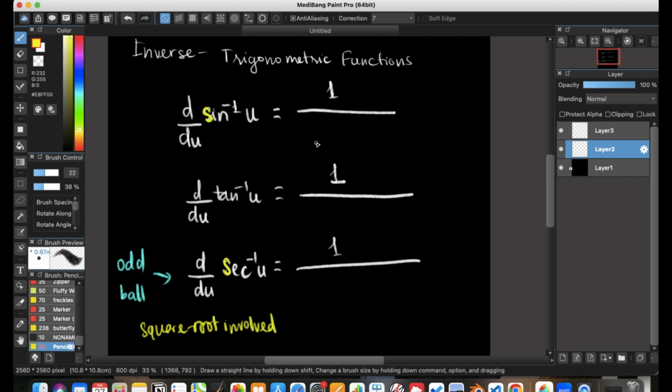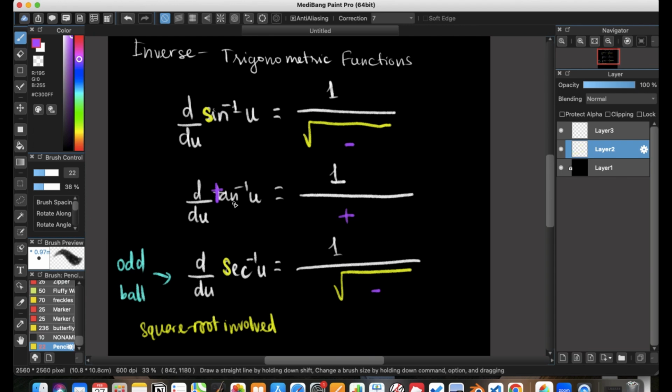So that's why I'm going to draw a square root here, a square root here, just like that. And you see that for tangent u, you see this letter T, right? That looks like a plus sign, so it's going to be a plus sign, and for these two functions that would be a minus sign, right?